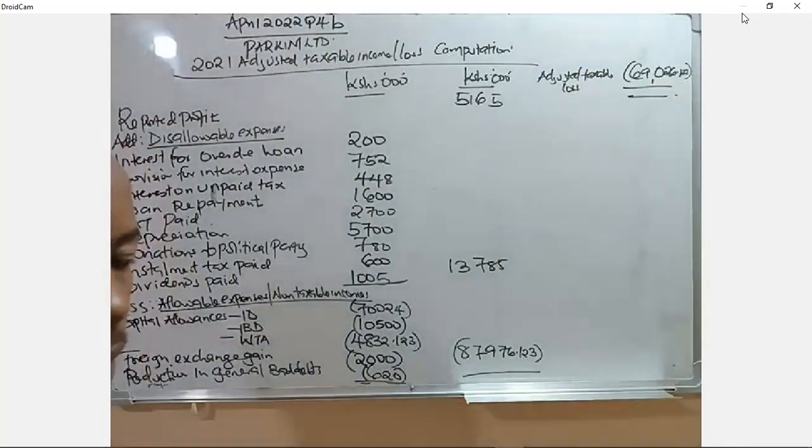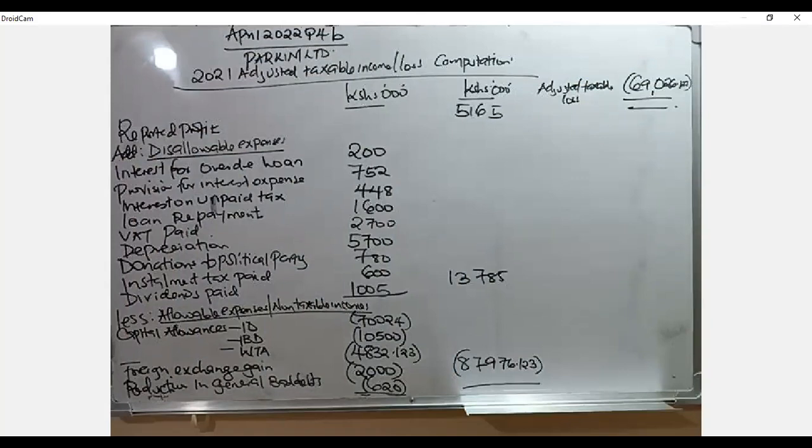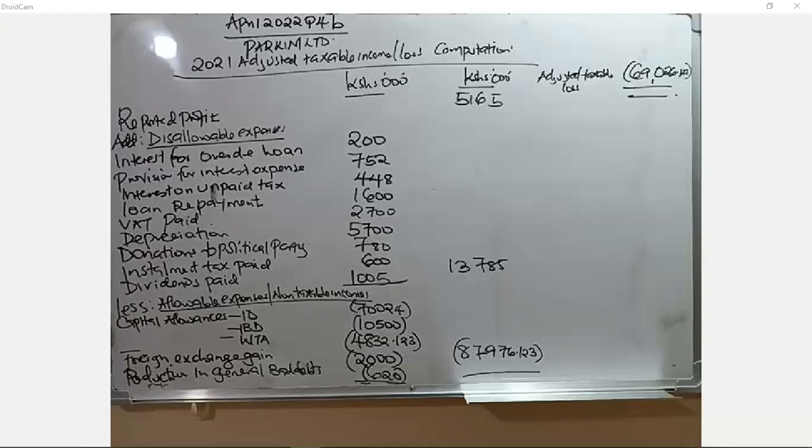That is a loss. Now, the examiner is asking in number 3 a very simple question: explain the tax treatment of tax losses in Kenya. And we can just say this.